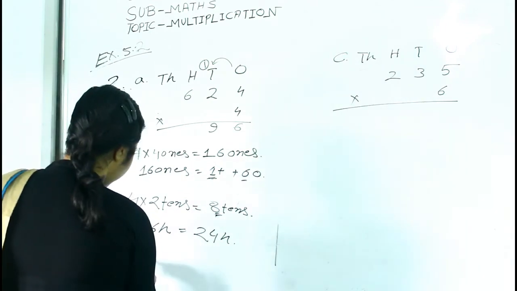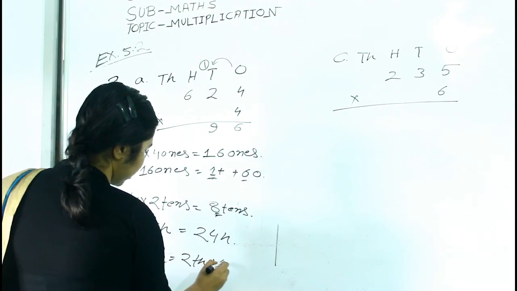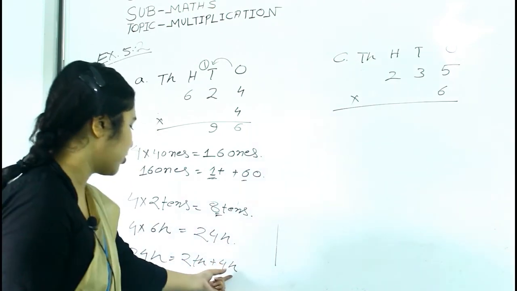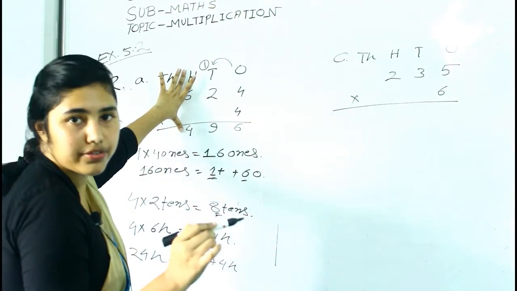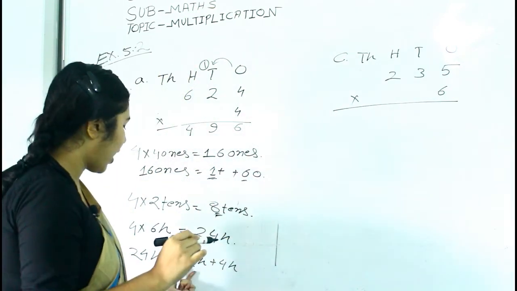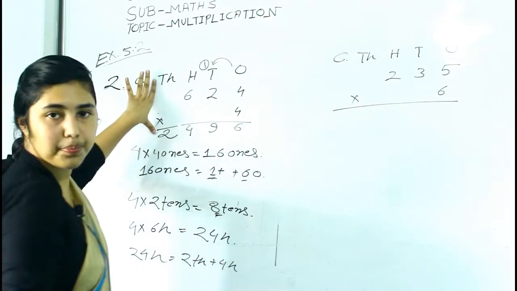Again we can write 2400 as 2000 plus 400. Now write 4 in the column of the 100 place and write 2 in the column of the 1000 place.